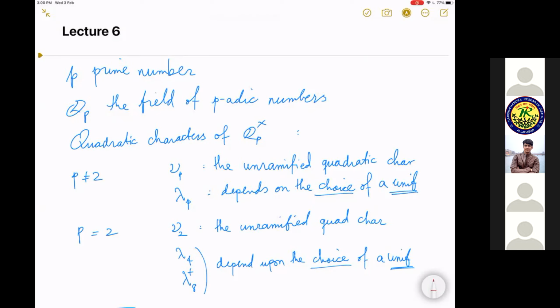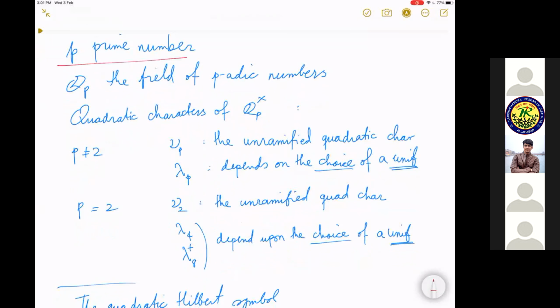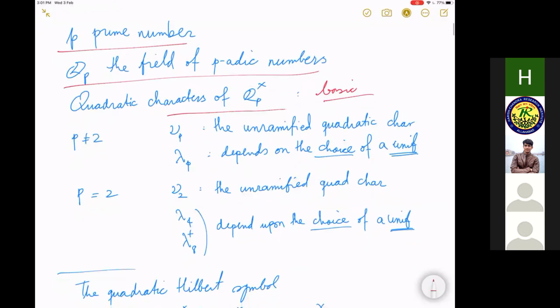Very good. Let's start our lecture today. As in every lecture, we have fixed a prime number P, and QP is the field of p-adic numbers. And we had defined these quadratic characters of QP star. These are the basic quadratic characters. What are they?